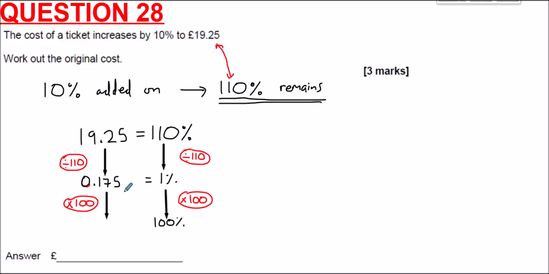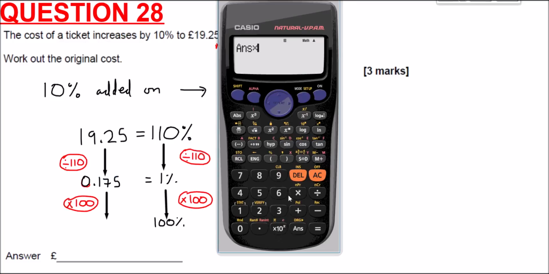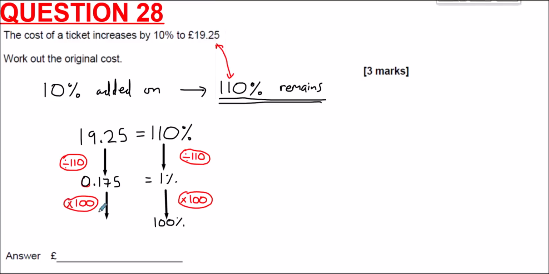And so 0.175 multiplied by 100 would give us 17.5. And 17.5 in terms of money will obviously mean £17.50. And so that's the original price, £17.50.